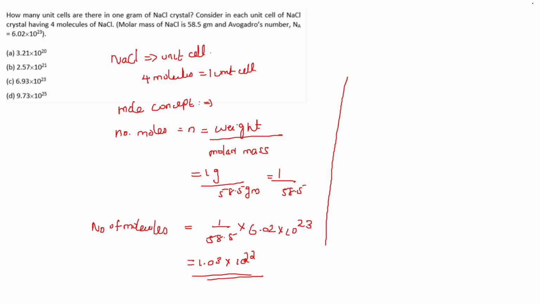Okay. Now we have 4 molecules giving 1 unit cell. So we have 1.03 into 10 to the power 22 molecules. So it will be 1.03 into 10 to the power 22 divided by 4.